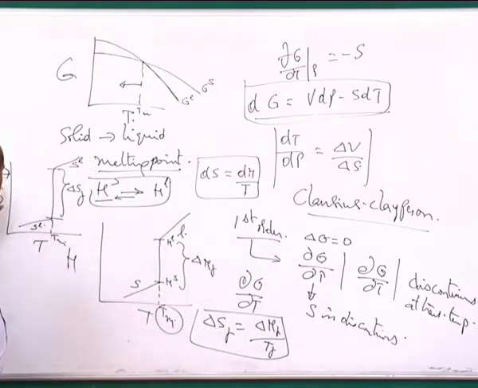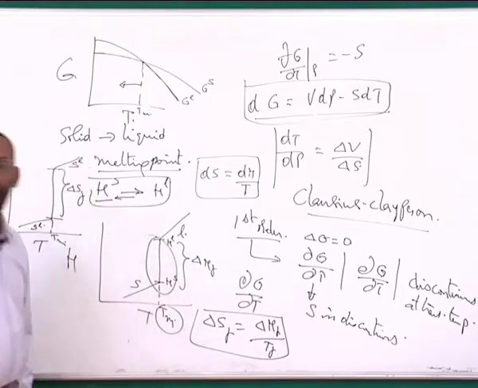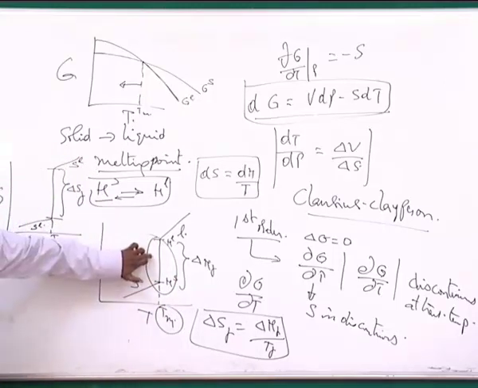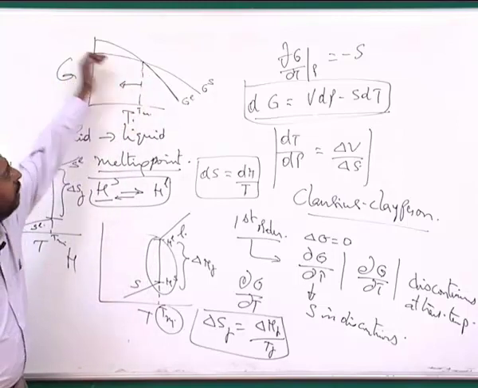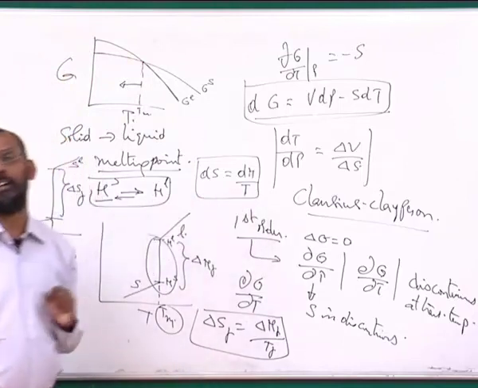So you can see that if I plot S versus T or H versus T, I will always see a discontinuity in the S or H at the transformation temperature. Whereas if I look at only G, G is continuous at the transformation temperature. There is no discontinuity. This is a typical first order transformation.